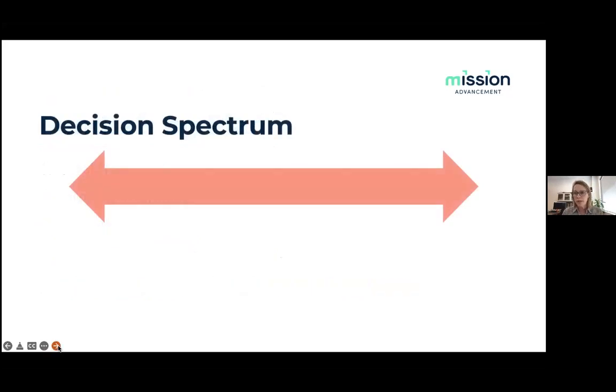So a simple way to think about this is what we think about as a decision spectrum that we move donors through from a transactional relationship to a relational relationship, and ultimately what we think of as a transformational relationship.